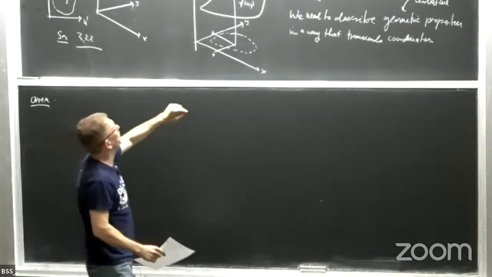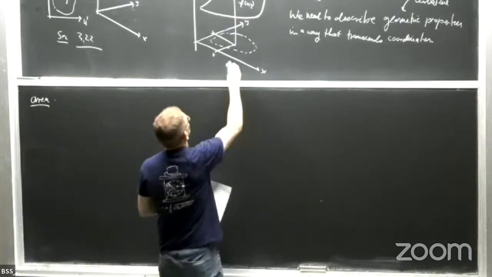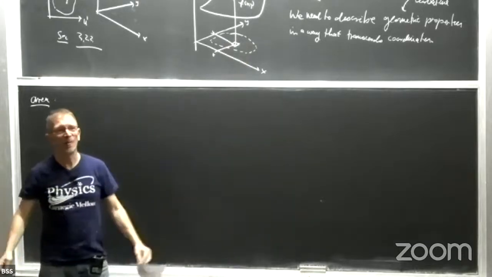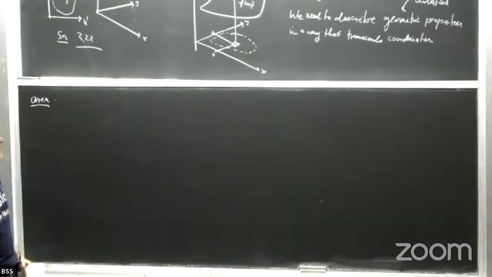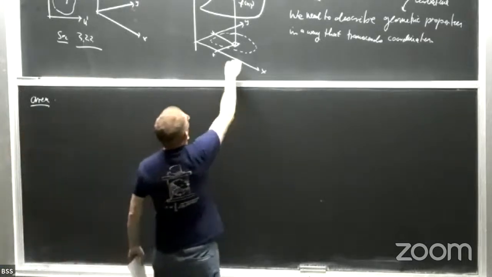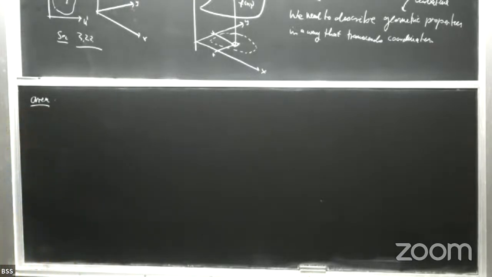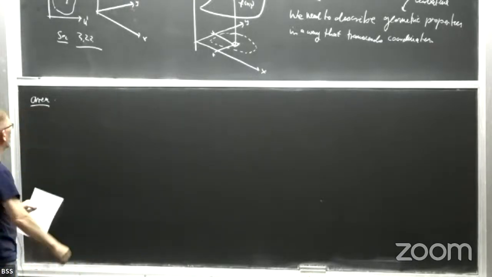Imagine you have a little rectangle down here. Where you have dx dy, you know exactly how to calculate its area. It's dx times dy, done. But its image up there on the surface is some kind of weirdly tilted rectangle, which probably has a larger area. And so what is it?